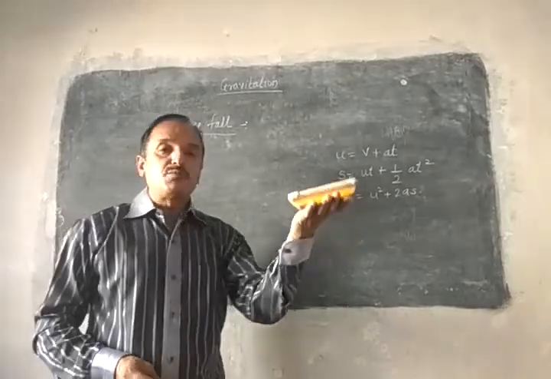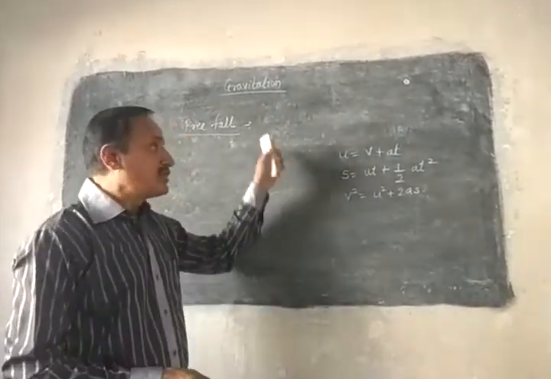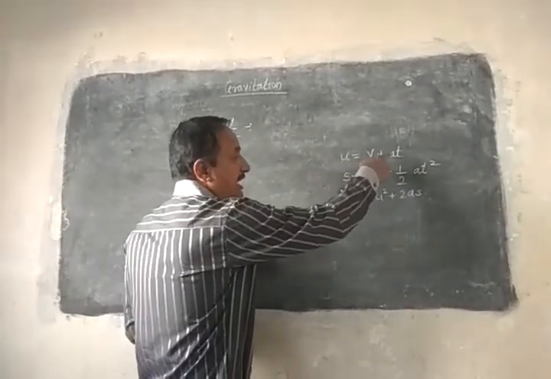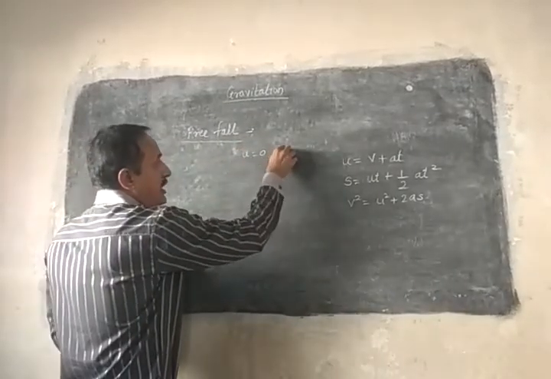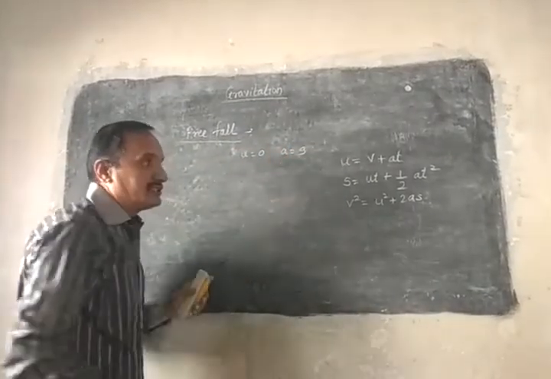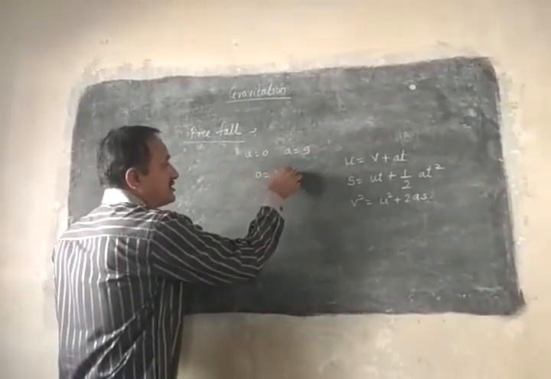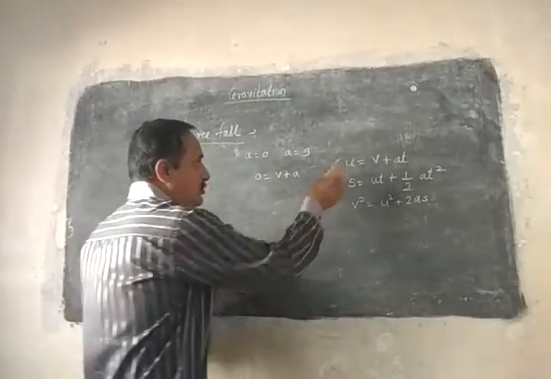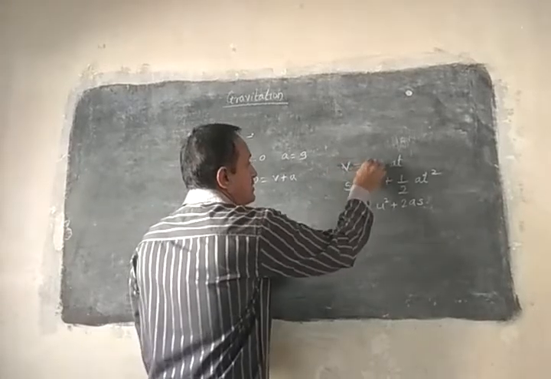Now suppose the object is falling under the influence of gravitational force, during the free fall, you can take u = 0 and a = g. The equation is v = u + at.